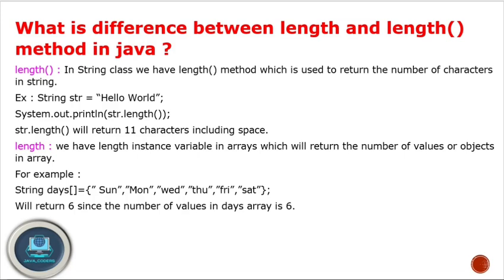Length: we have the length instance variable in arrays, which will return the number of values or objects in the array. For example, String days = Sun, Mon, Wednesday, Thursday, Friday, Saturday. It will return 6 since the number of values in the days array is 6.